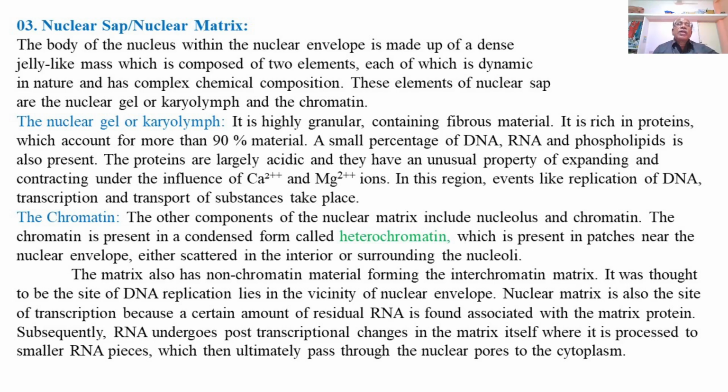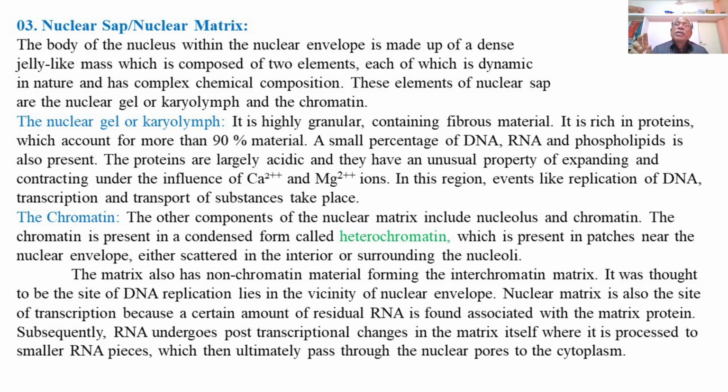So the nuclear sap or nuclear matrix is composed of many dissolved or suspended substances present in the nucleoplasm, or nuclear gel or karyolymph, consisting of a number of substances such as different types of RNAs, ribosomes, proteins, enzymes, minerals, and even fibrous substances in the form of chromatin material, that is chromosomes, which are mainly composed of DNA and nucleoproteins.